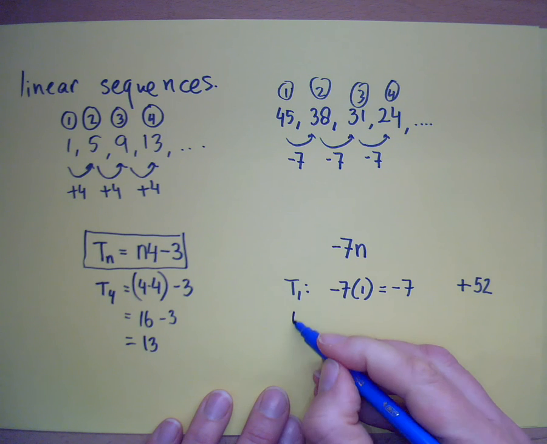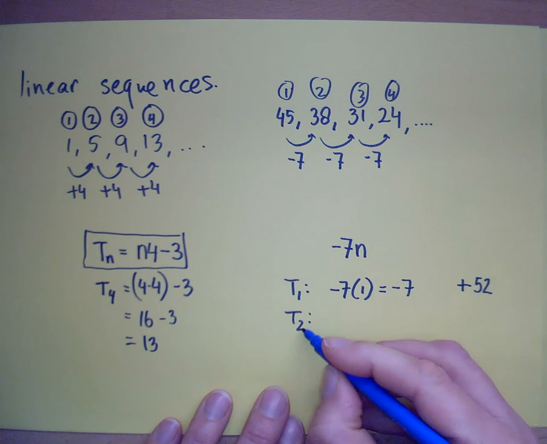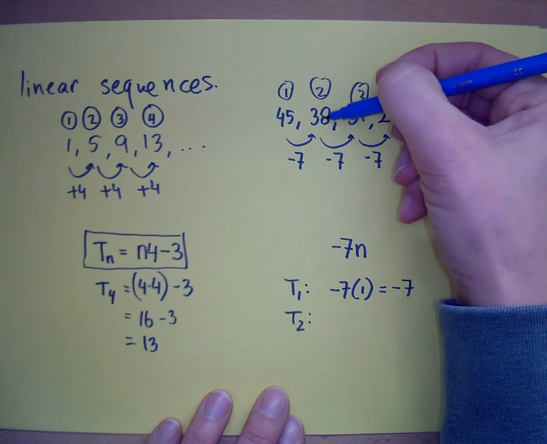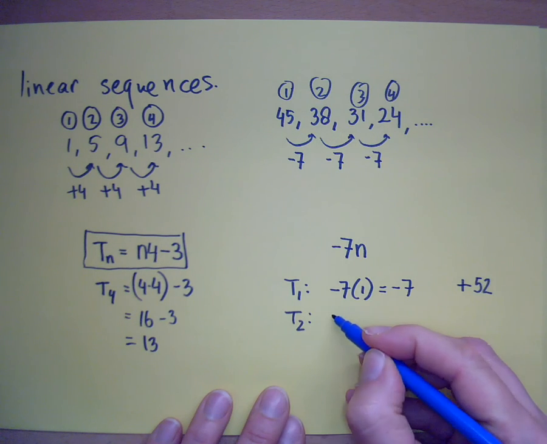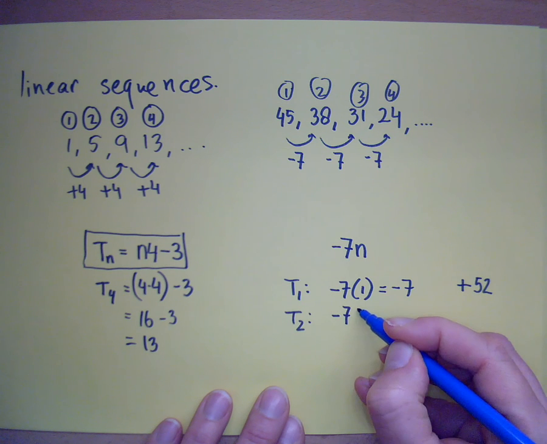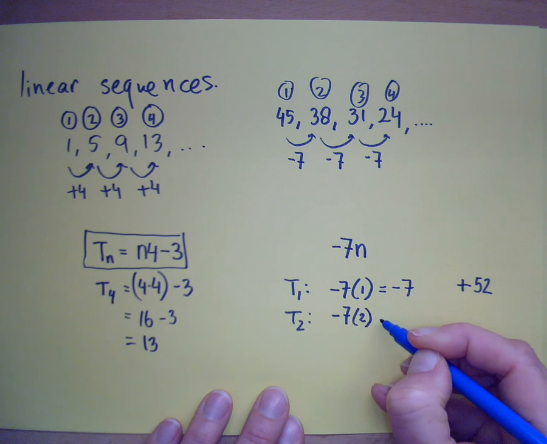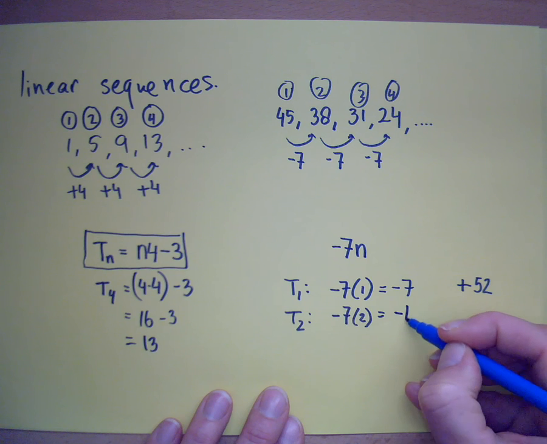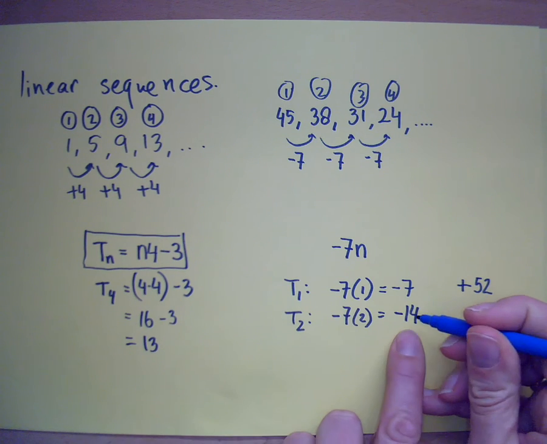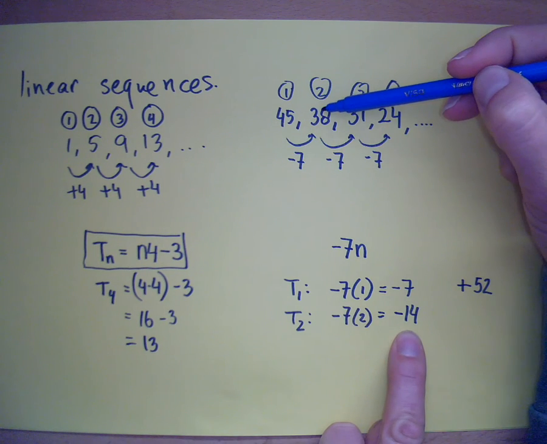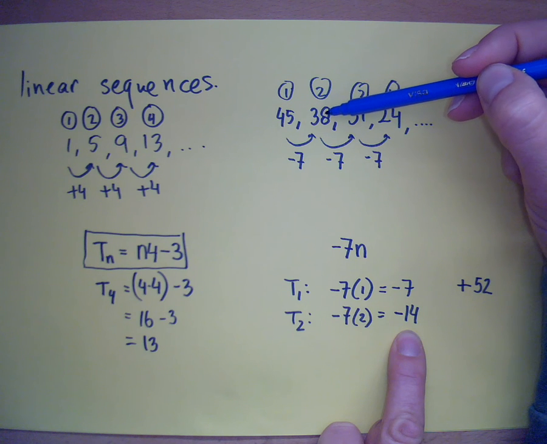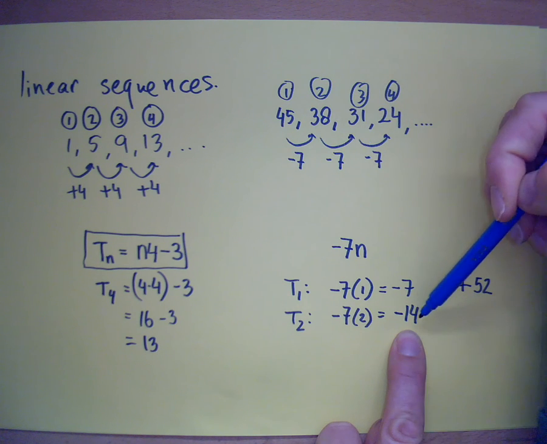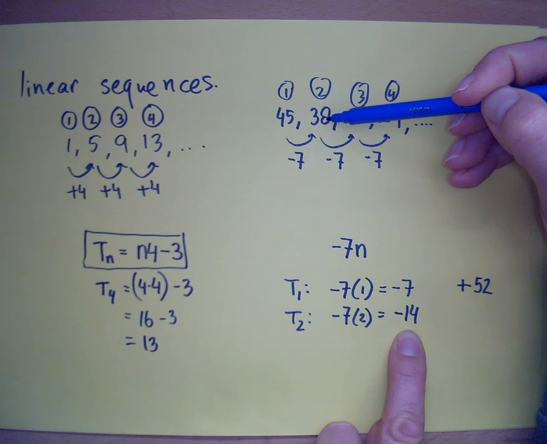But let's see if we can work with the next term. Term 2, if we plug it into this, negative 7 times 2, negative 14. The value of the second term is 38. What's the difference there? 14 plus 38.